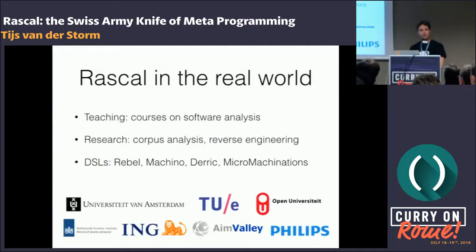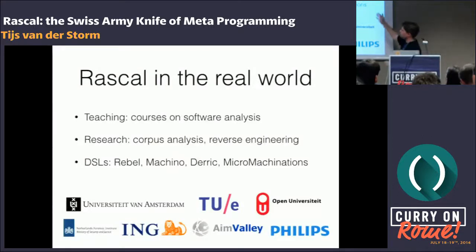We have not many papers on Rascal itself, but most of the papers that our group produces are possible because of Rascal. So Rascal is for us a really strong research tool that is behind many of the papers that we write. One particular area is that we do corpus analysis, where we analyze millions and millions of lines of Java code and C code.